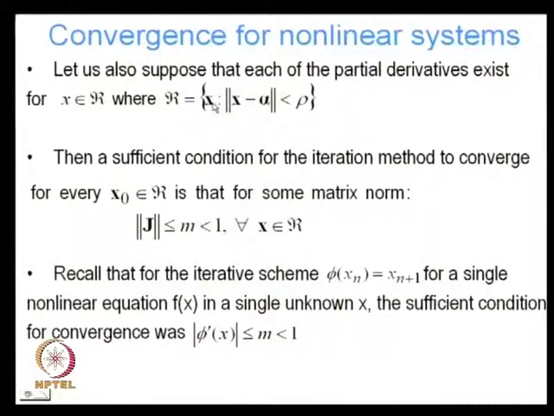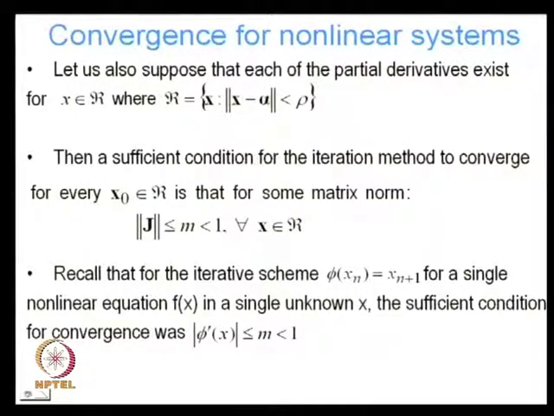Actually it is not a sphere because this is n dimensional space. The hypersphere is centered at the n dimensional vector alpha, the root, with a radius rho. I am looking at all those x's which lie in R, in that neighborhood of the root, and I am imposing the condition that all the partial derivatives del phi i by del x j exist in that neighborhood.